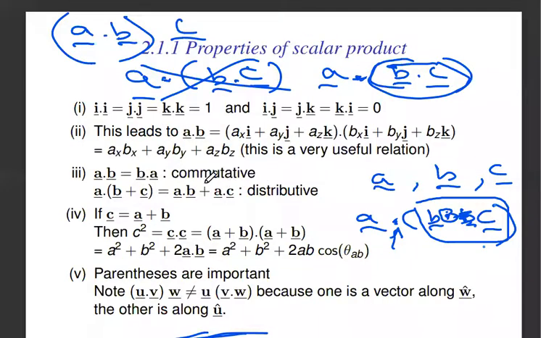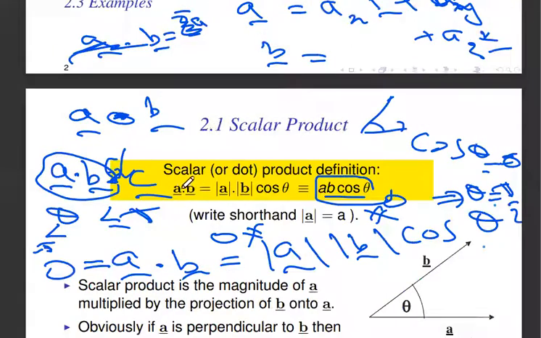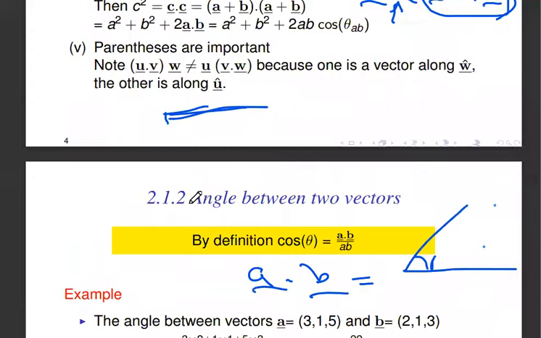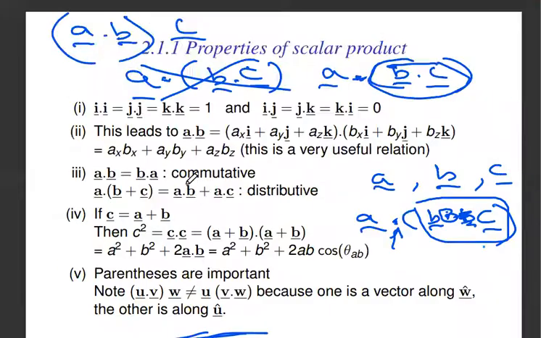What else? All right. This dot product operation has the commutative property. That means the way you take the dot product is not that important.